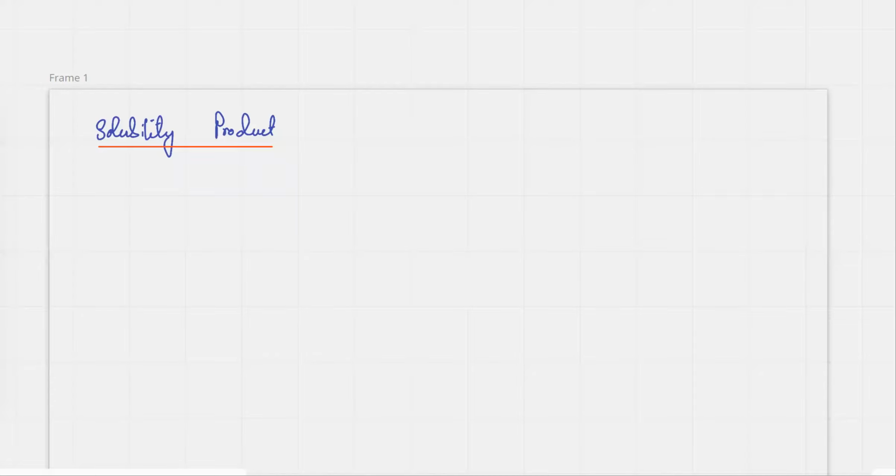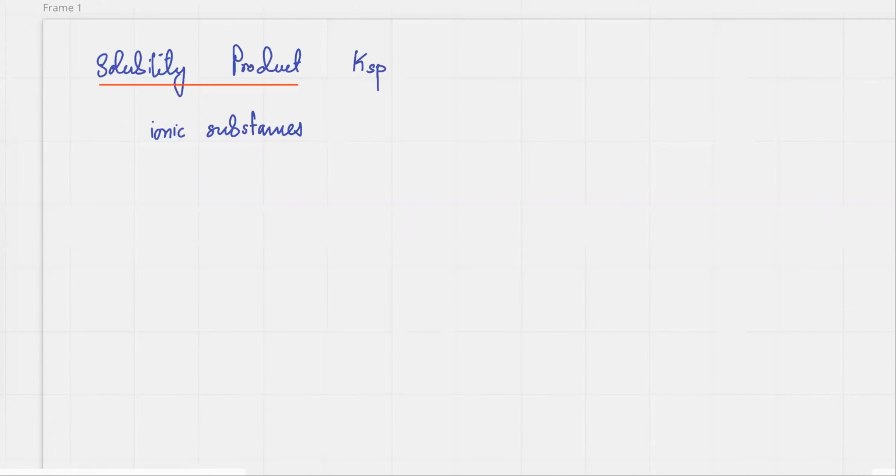It's known as KSP. It's mostly about ionic substances, ionic compounds. So whenever ionic compounds dissolve, it's about their solubility.